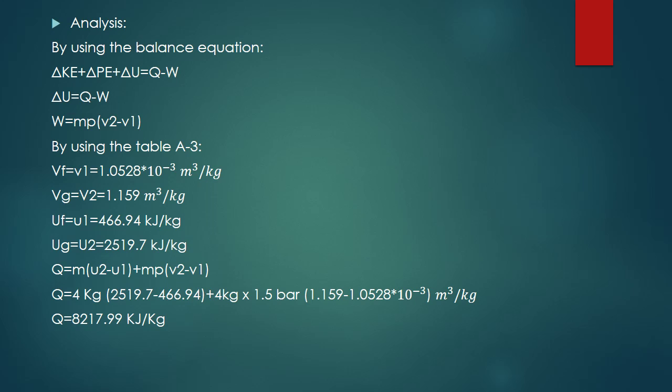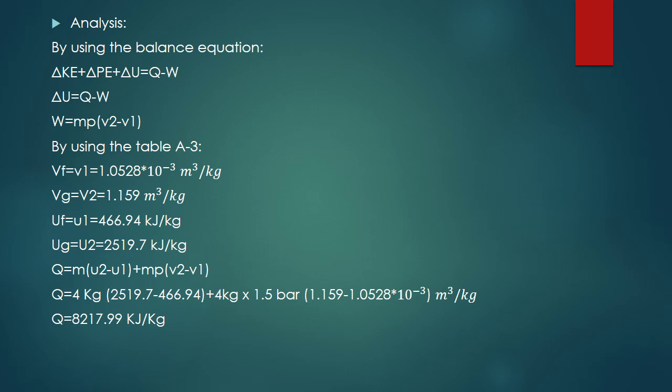We can get the work by using the equation mass times pressure times V2 minus V1, and we can get the volume and the enthalpy by using table A3 in SI units.